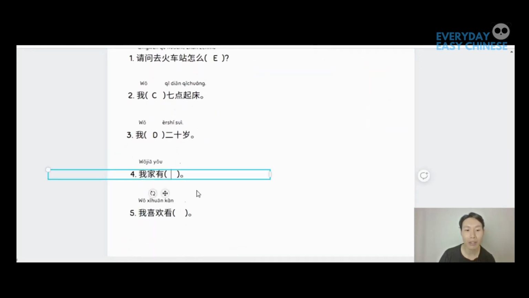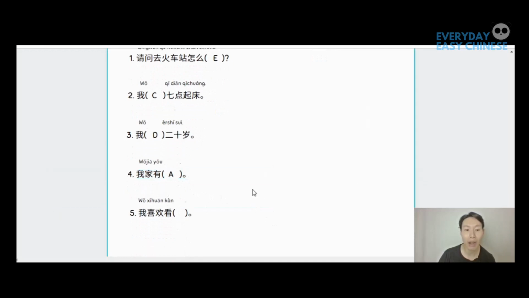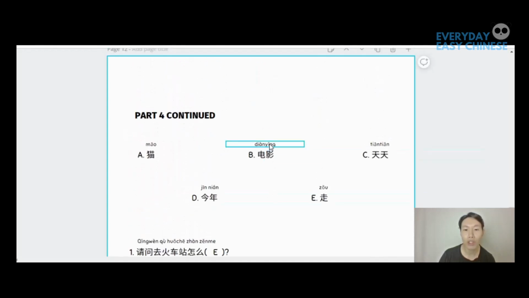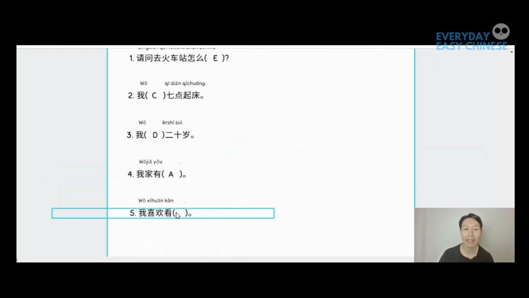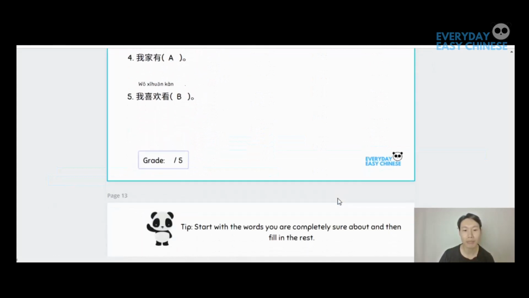I have a cat. 我家有猫. There's a cat in my house. Number 5. 我喜欢看. I like to watch. The last one is B. 电影. I like to watch movies.